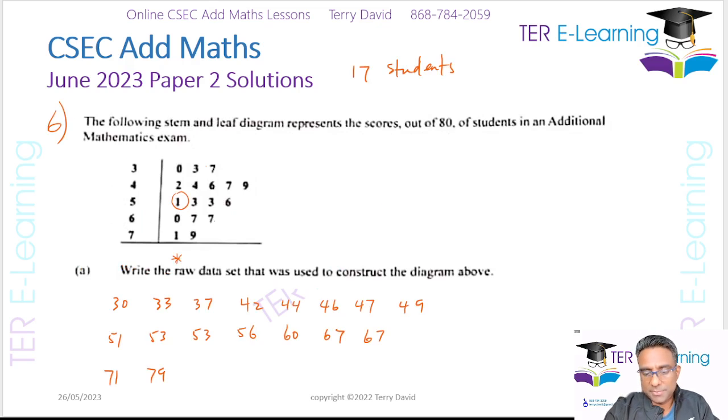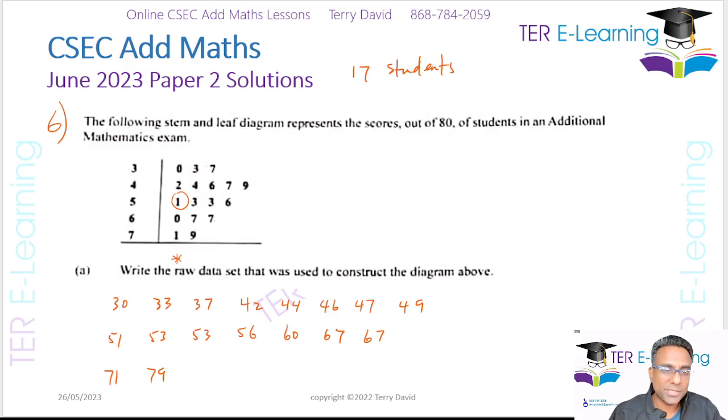So 30 plus 33 plus 37 plus 42 plus 44 plus 46 plus 47 plus 49 plus 51 plus 53 plus 53 plus 56 plus 60 plus 67 plus 67 plus 71 plus 79.